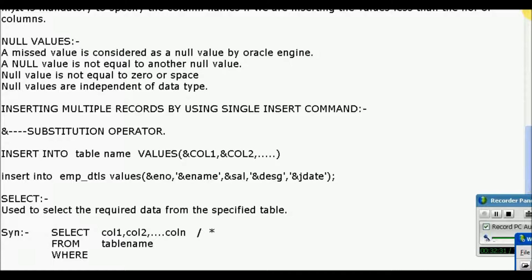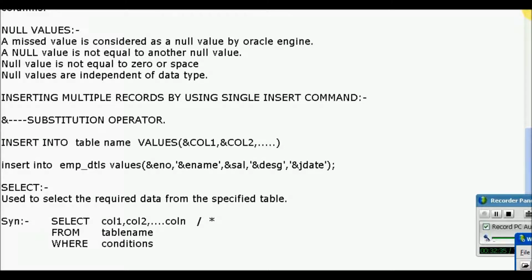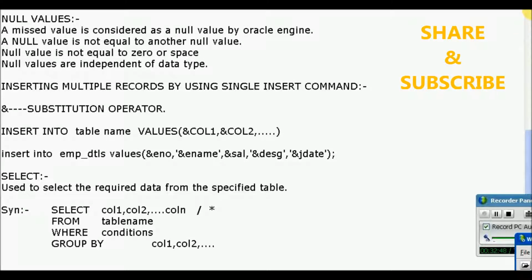Here I'm specifying the complete syntax of select: conditions, and group by column name, that is column 1, comma, column 2, and so on, having condition. Okay, this is the complete syntax of select.